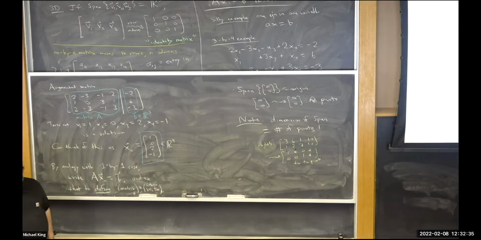Okay, so this ends up being a definition of a matrix times a vector, which maybe you've seen before, but this is where it comes from.